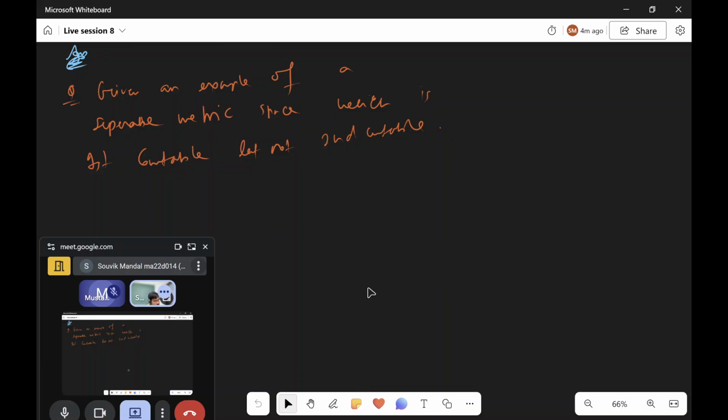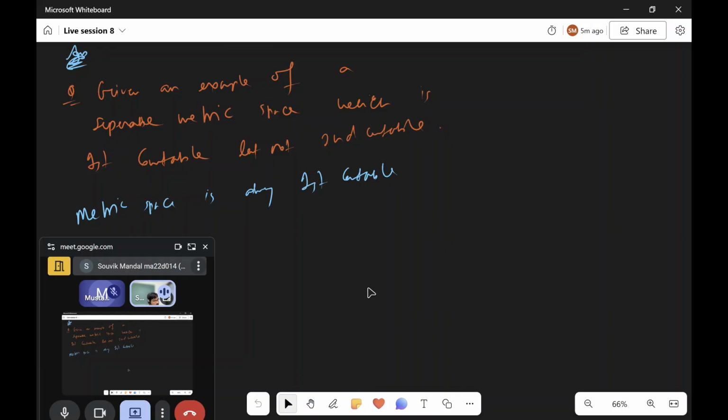See, first of all, the point is that a metric space is always first countable. Why?